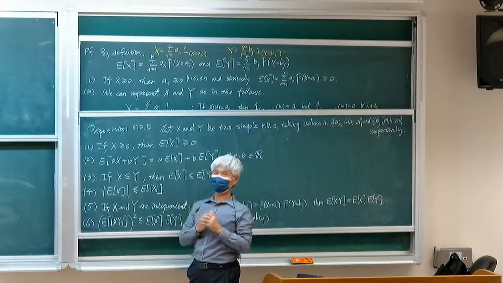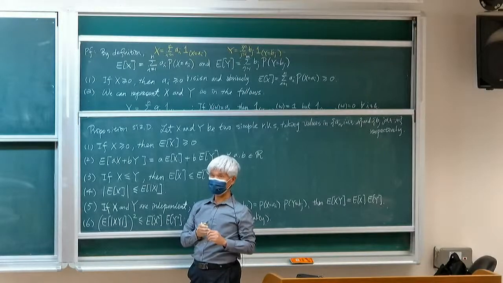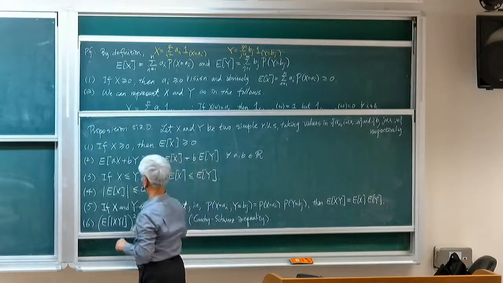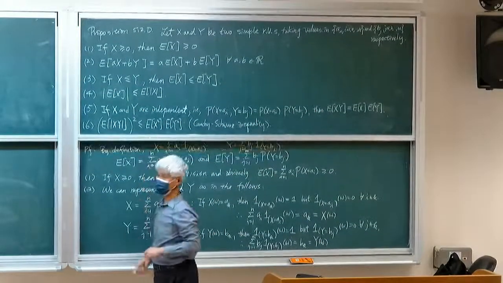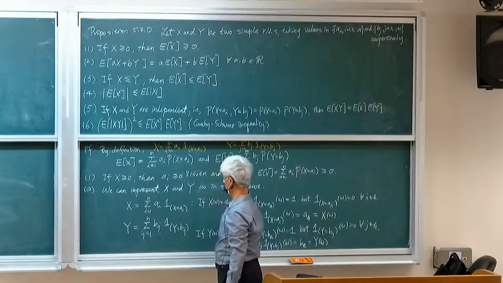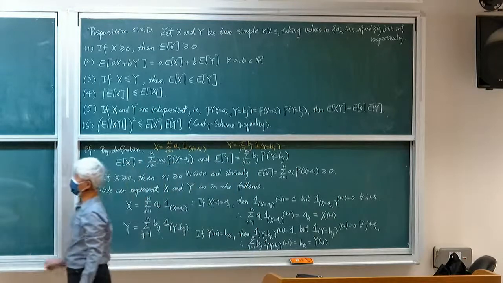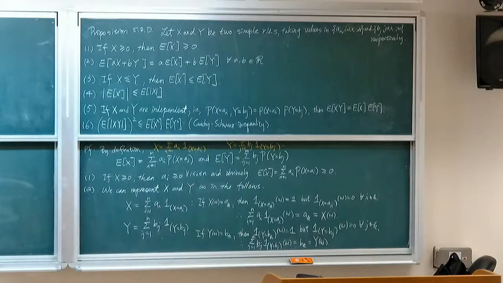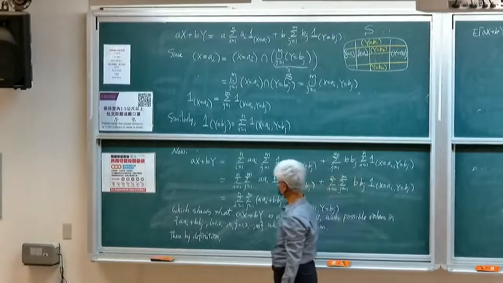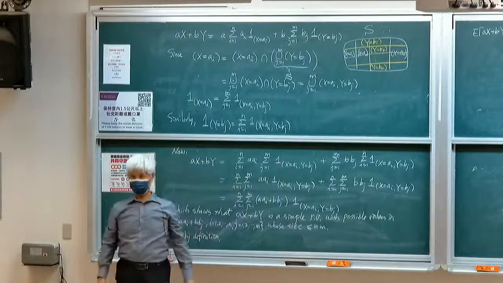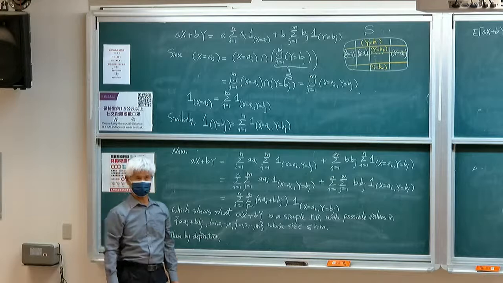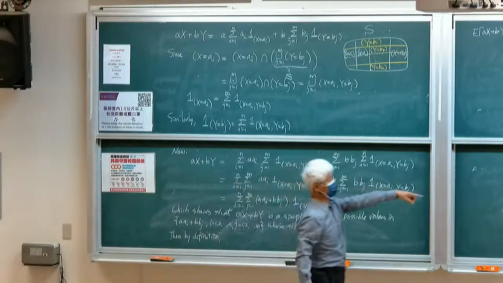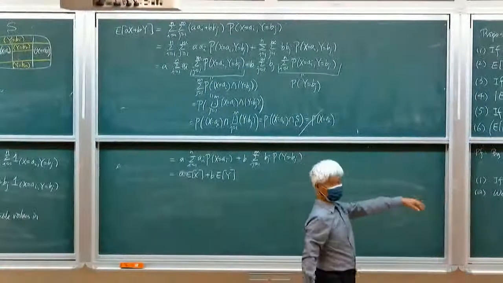But when you dig into the core of the computation, you find that you need to show that ax plus by is a simple random variable, by the device I gave here.